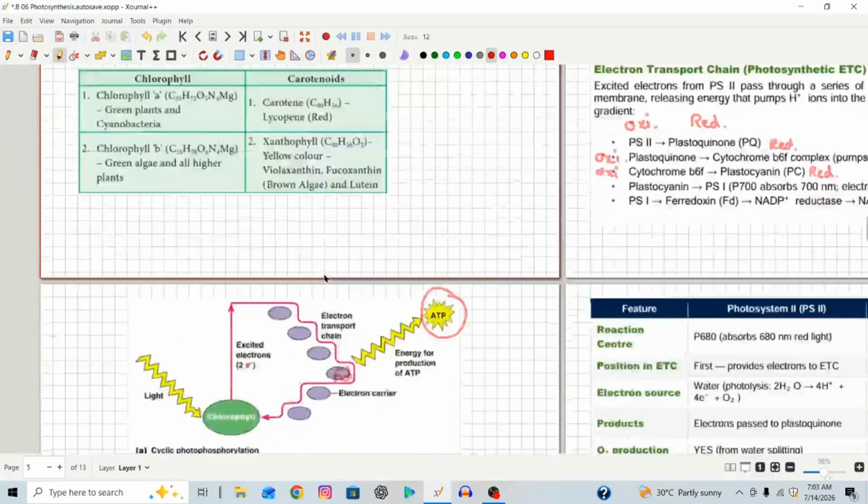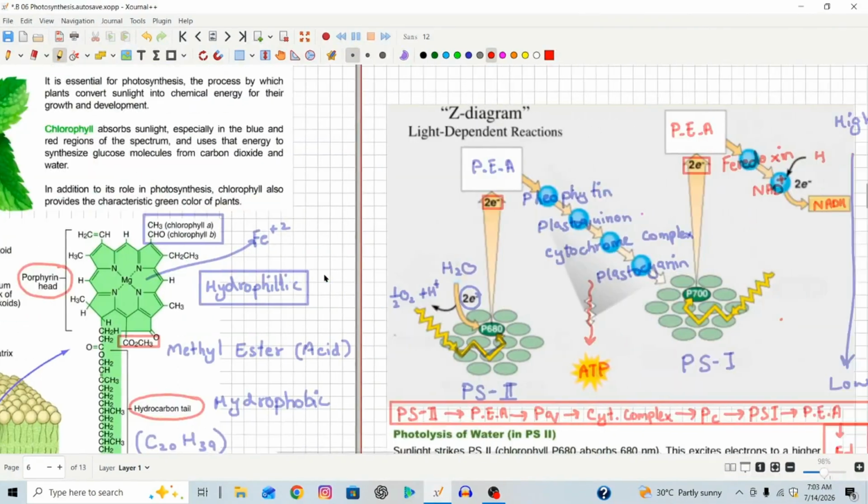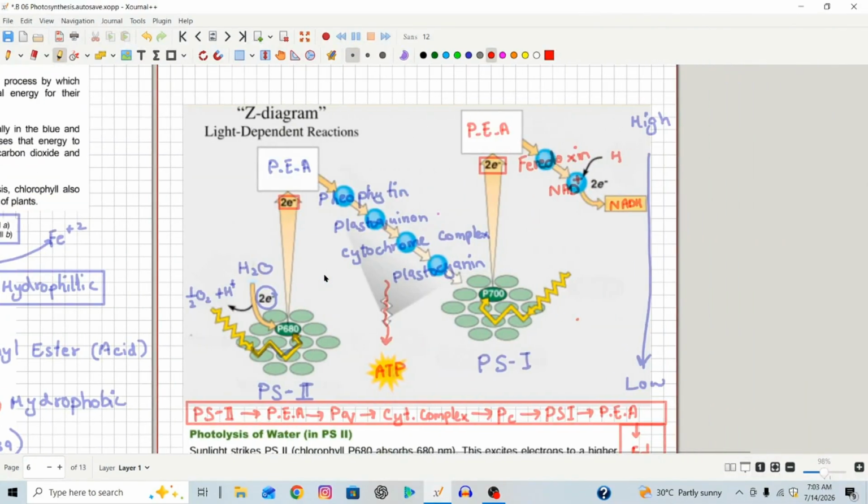Let me show the diagram here. For example, the ferredoxin receives the electrons, and it will use those electrons to go back and give them to the cytochrome complex.